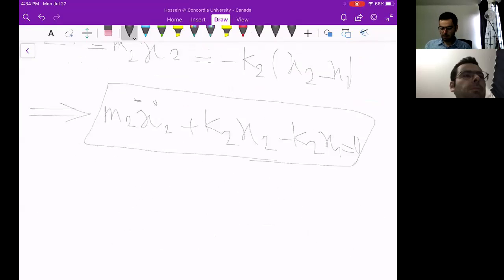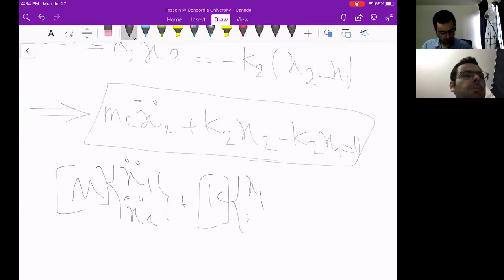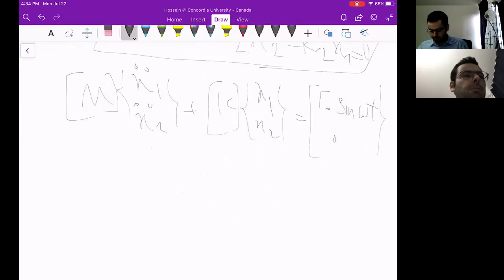Therefore, we could derive the matrix format: M times x double dot 1, x double dot 2 plus K times x1, x2 is going to be f naught sine of omega t, 0. If I further simplify it, if I consider harmonic oscillation, it would be K minus M omega squared multiplied by x1, x2.